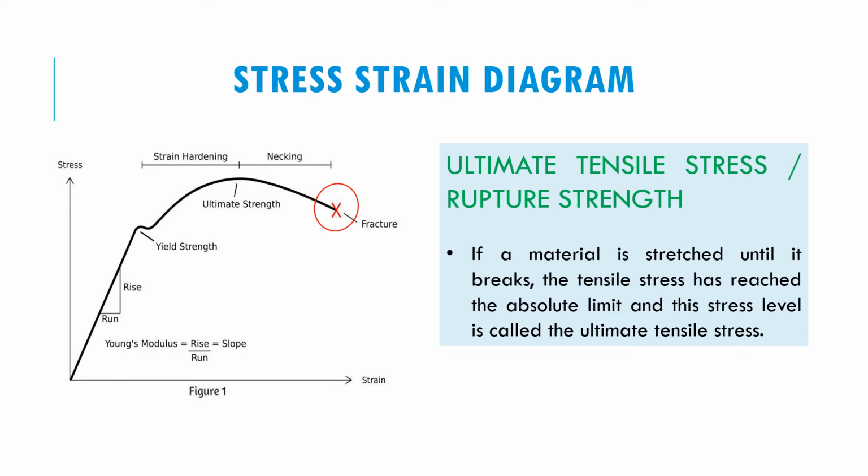When the material has reached the maximum stress that it can withstand, the material will stretch and then break. This is what we call the rupture strength point over here.